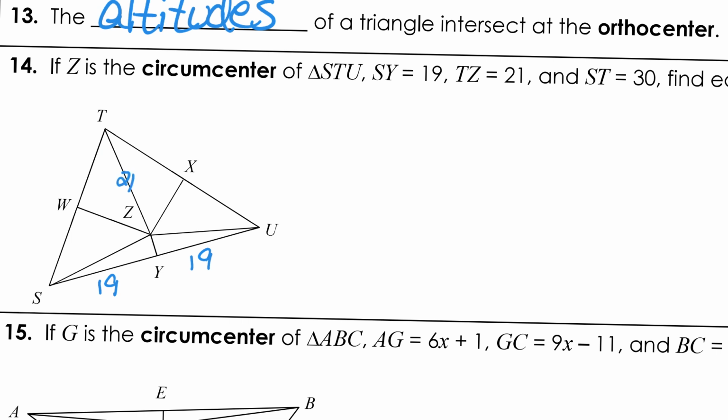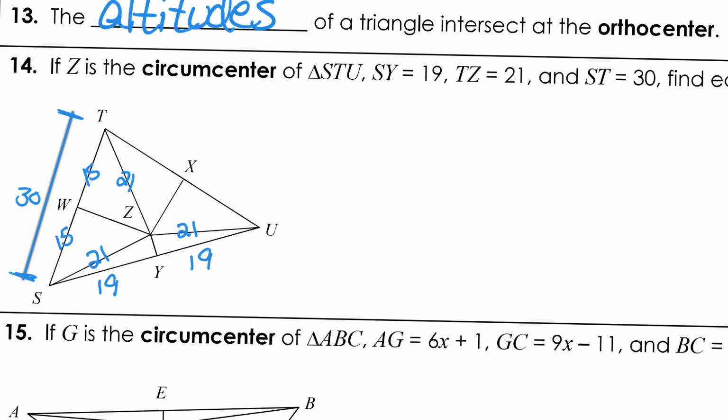These would be all the legs of the isosceles triangle. So this is 21 and this is 21. And now we have that ST is 30. Remember that if this length is 30 and this is the midpoint, then it splits up into 2 congruent lengths here. So each length is going to be 15.